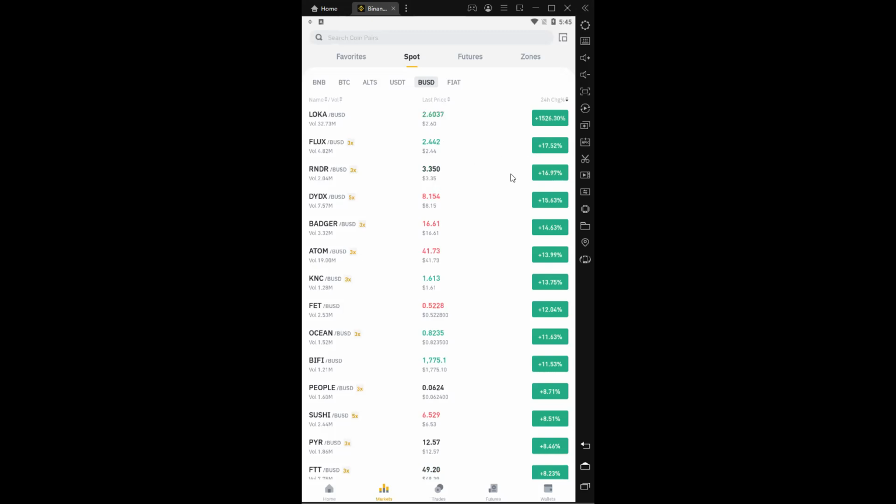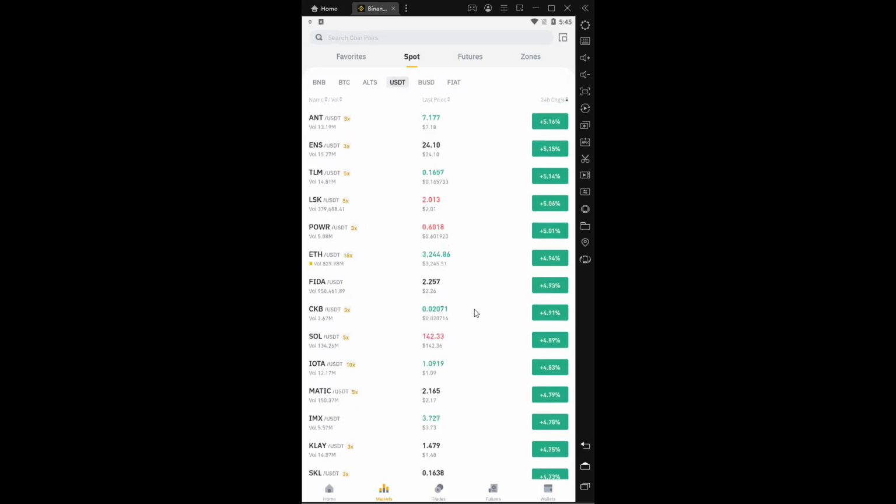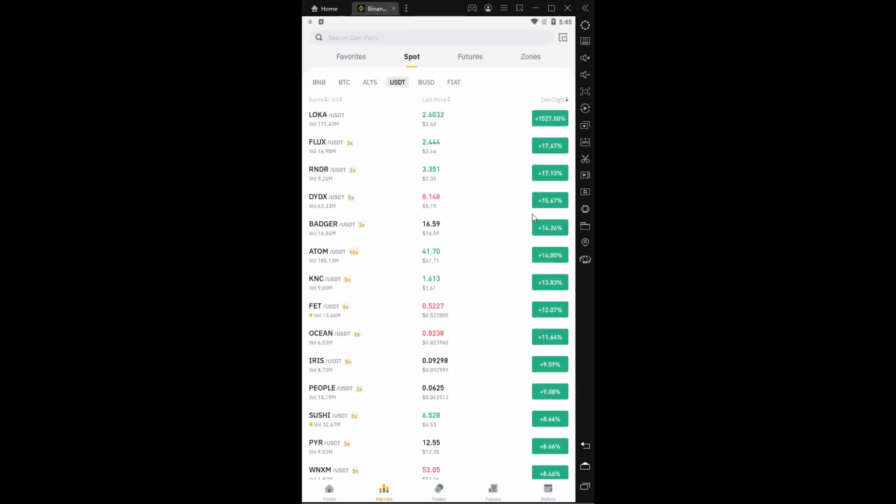Let's go back to USDT. This is the 24 hours change of every coin. Right here you have the 24 hours percent change. This particular coin, Local, just got listed, so that's why you are seeing this 1,500.